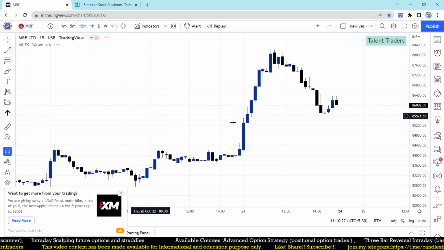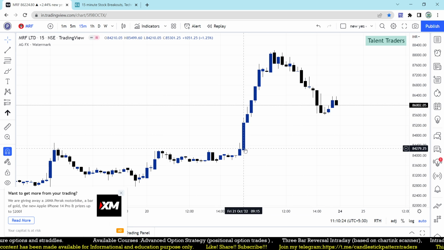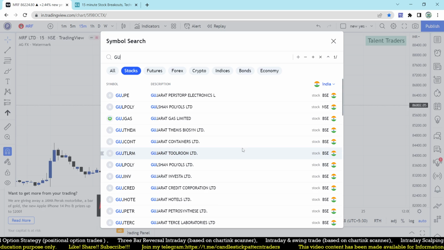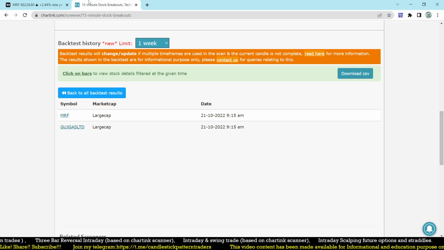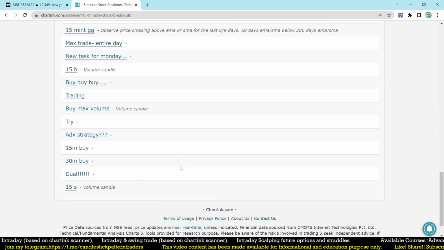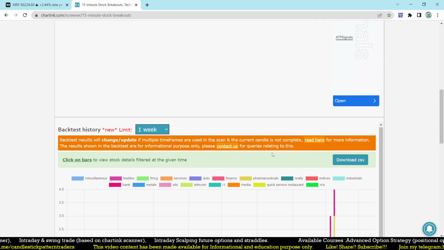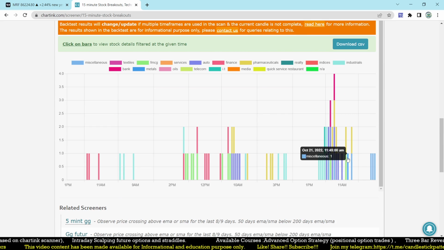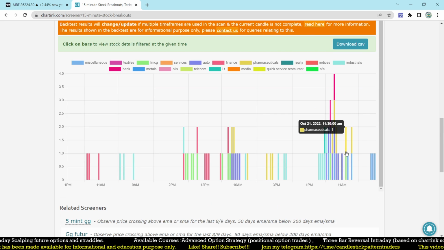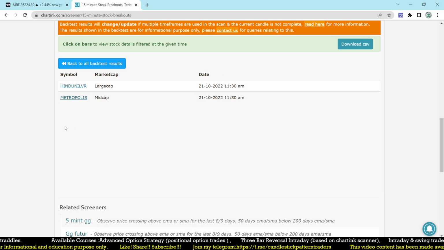MRF, where it is the first 15 minutes, that worked well, and Gujarat Gas also worked well yesterday, right? And to avoid scanning all the days, let me check around 11:30, where we have Hindustan Unilever and Metropolis.